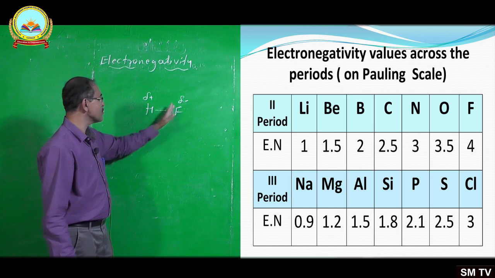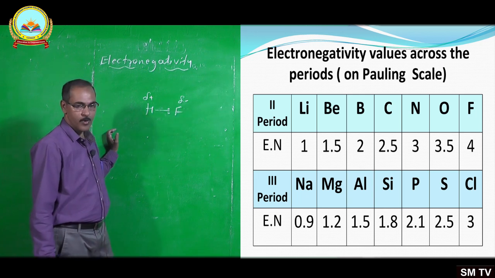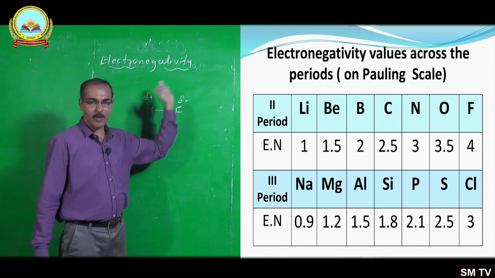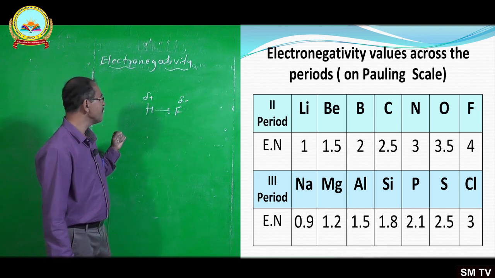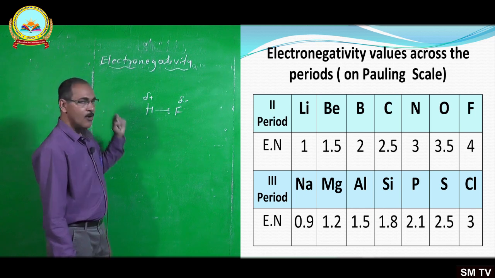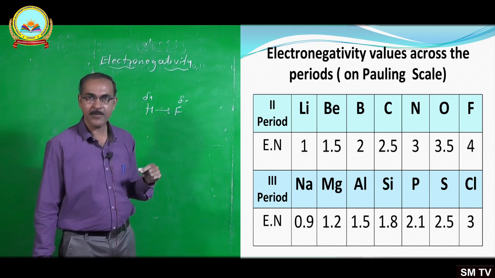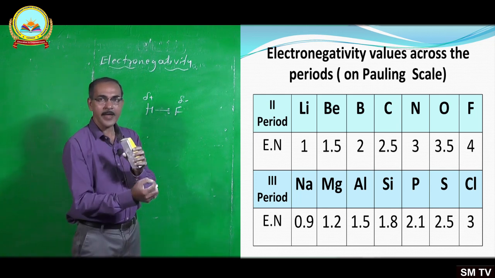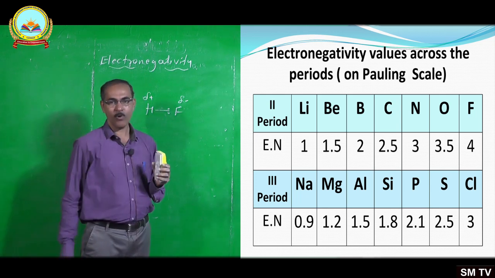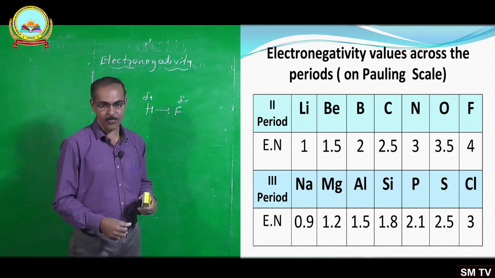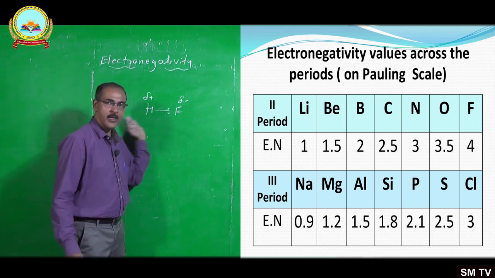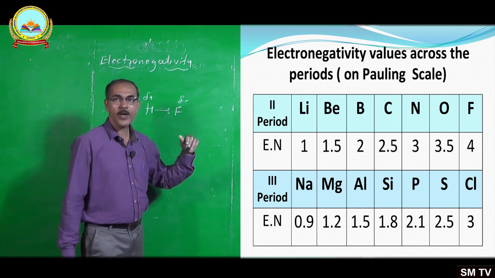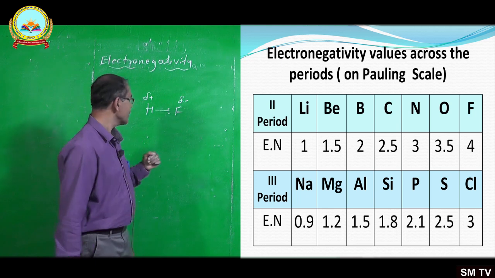You get two poles, a negative pole and a positive pole. The electron is shifted towards the more electronegative atom. But in case of electron gain enthalpy, see the difference: we are adding an electron to an atom, or the atom gains an electron. Electronegativity is the shifting of the shared pair of electrons towards the more electronegative atom.